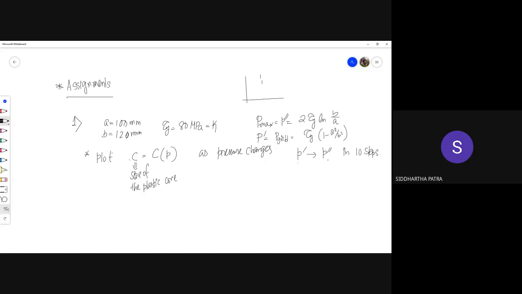Let's say this is P prime and this is P double prime, and this is A and this is B, and you are probably going to get a plot like this. So that is assignment number 1.